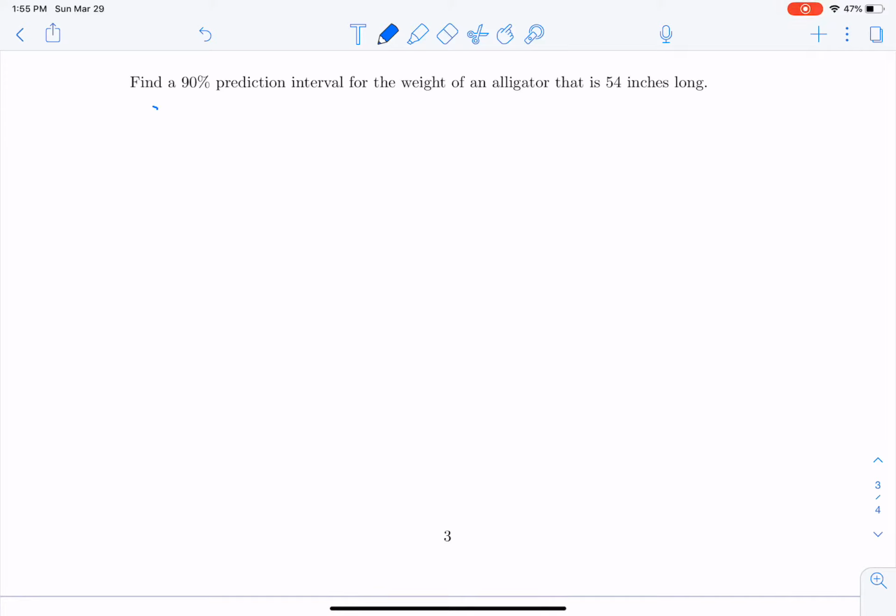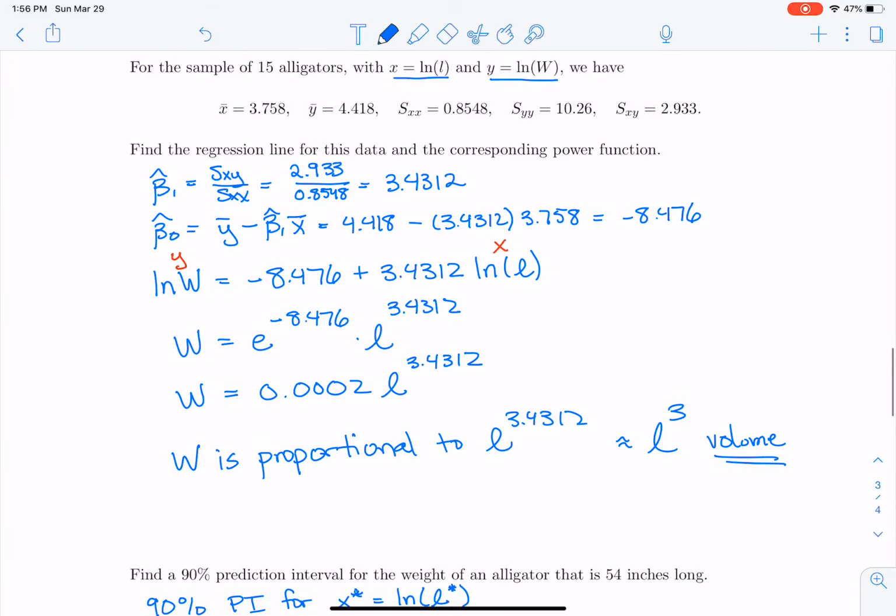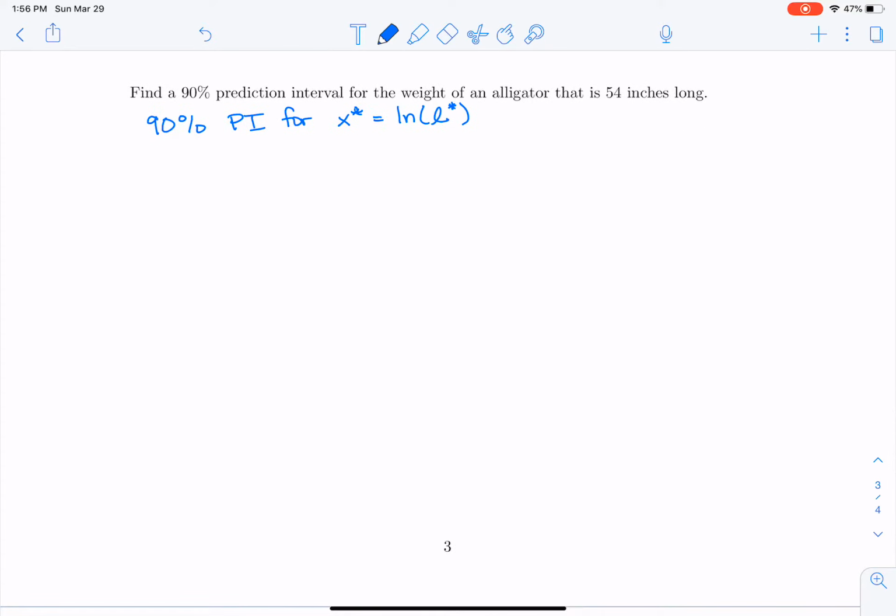First, I'm going to do that for x star, which is going to be the natural log of our length, because x, as we saw above, was the natural log of length. So in this instance, we're going to let x star be the natural log of 54 inches.